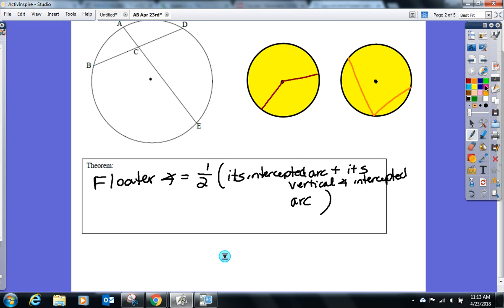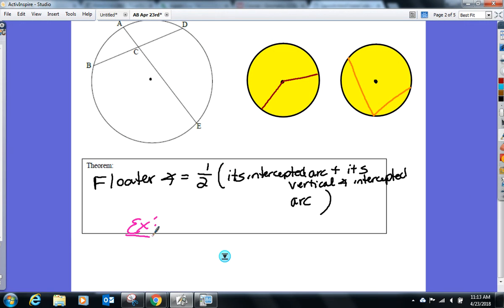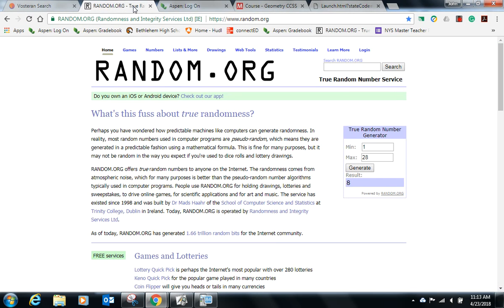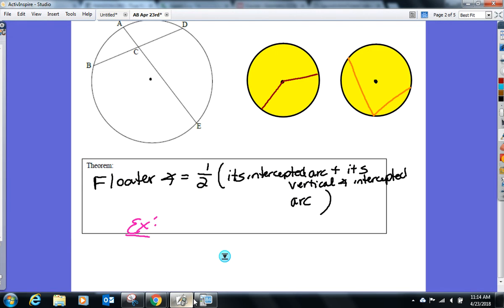All right, so using my diagram up here, name a floater angle for me. Number 1, name a floater angle.